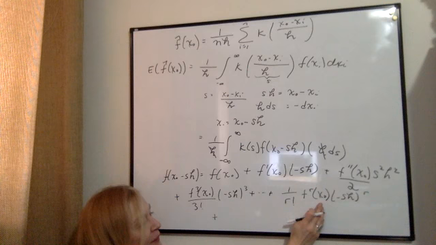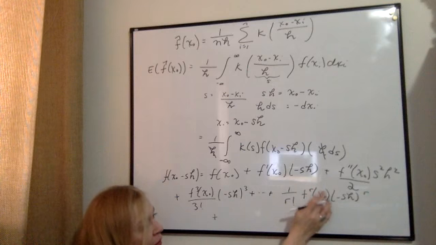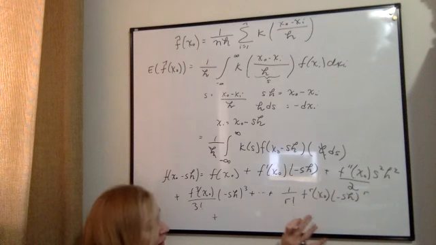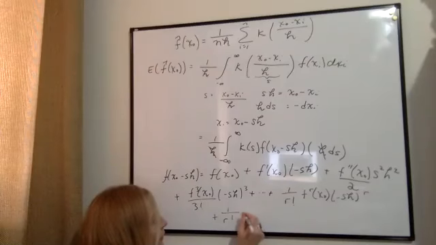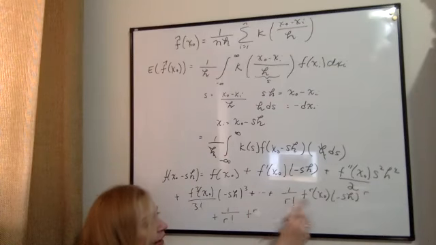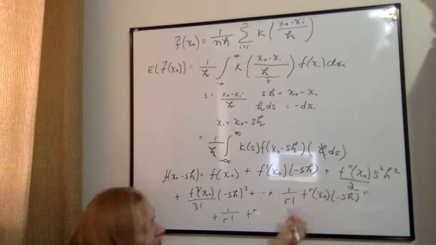Like I could have stopped here and put x bar, okay? That's one possibility, but this is another way of writing it. Where I put R prime, because the last term always has to be x bar.